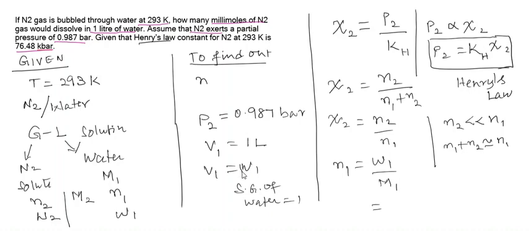Therefore, volume and weight will be equal. So 1 liter is equal to 1 kg, that is 1000 gram. So you can put 1000 gram divided by the molar mass of water, 18 gram per mole. So this is N1.